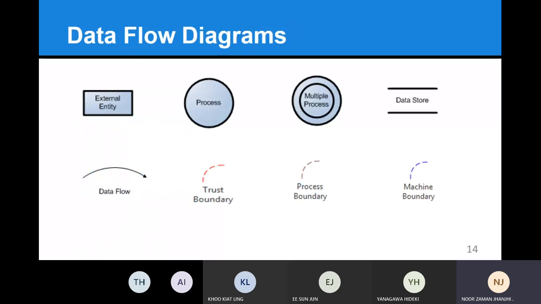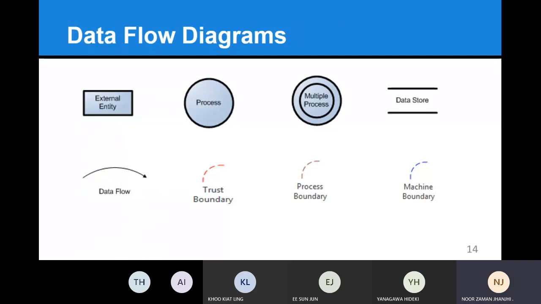So you can see from here that this is the data flow diagram. These are the shapes which represent what is mentioned there. For example, from the top left corner, you can see the external entity. If there is any external entity, we will represent it using this shape. Process, we will use this shape.